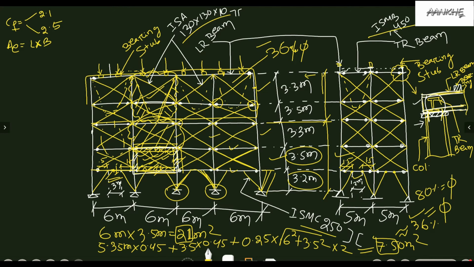So how it acts, again just see. Suppose I consider this beam, this is our TR beam which is ISMB 450. ISMB 450 looks like this. This is the depth 450, this is the thickness of flange TF.